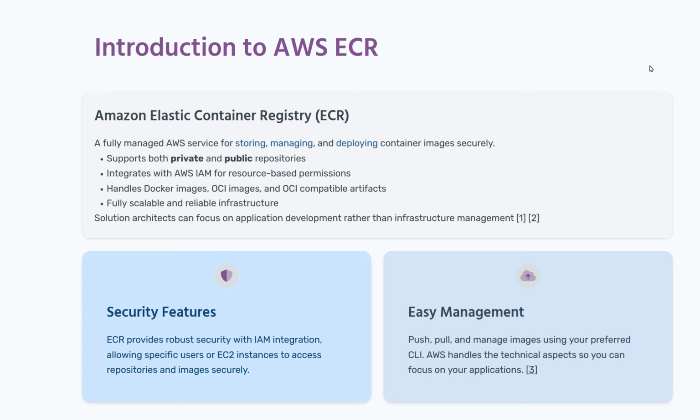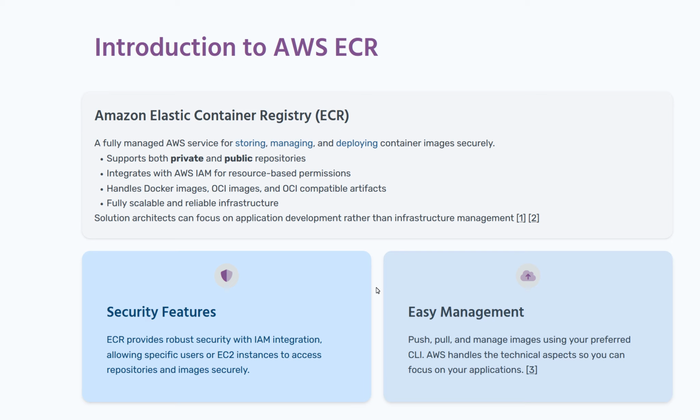It is a fully scalable and reliable infrastructure solution, so the solutions architect can focus on application deployment rather than infrastructure management. So once you keep your required container images, you can manage them from the container registry with the repository, right?